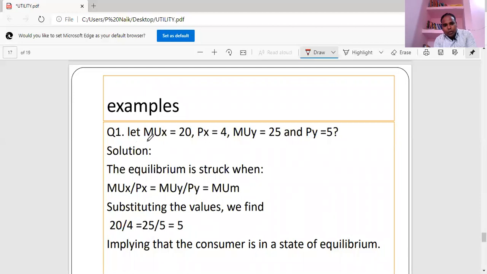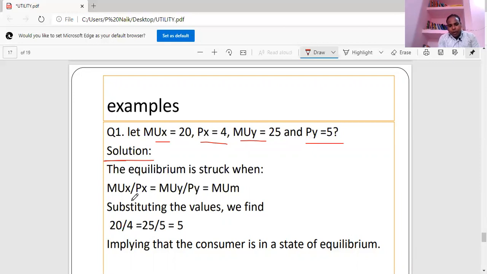Look here. Let MUx, marginal utility x, equal 20, Px equal 4, marginal utility y equal 25, and Py equal 5. Solution: the equilibrium is struck when marginal utility x upon Px equals marginal utility y upon Py equals marginal utility of money.